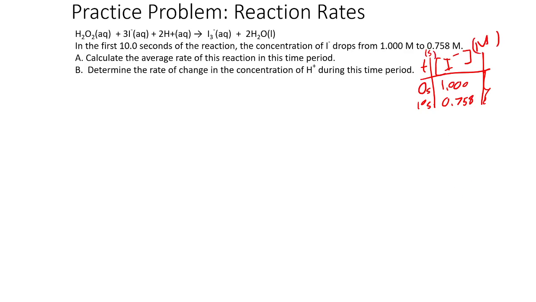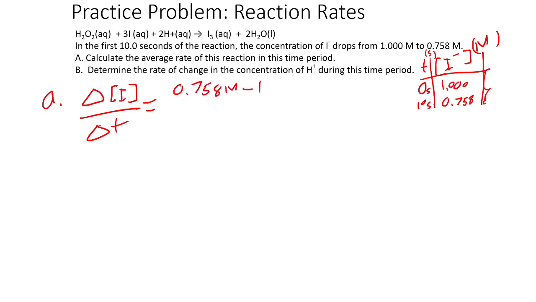And you might get a table with lots of them if they're going to report multiples. So now, for step A, what that means is if I want the change in I- with respect to time, then I need to take my 0.758 molar minus my 1 molar and divide it by 10 seconds minus 0 seconds.